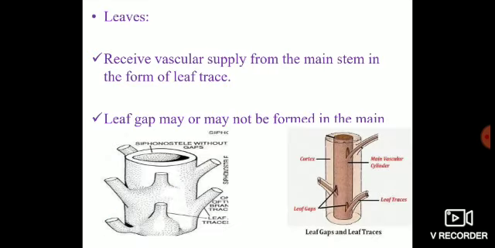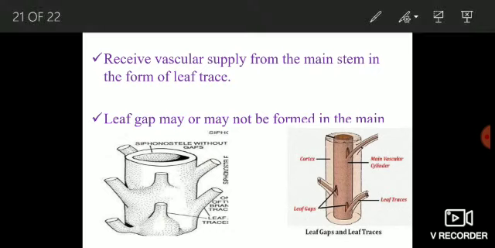Now leaves. The leaves in pteridophytes receive vascular supply from the main stem in the form of a leaf trace. Here you can see this is the leaf trace. That means the xylem and phloem tissue that goes into the leaf from the main stem is known as leaf trace.